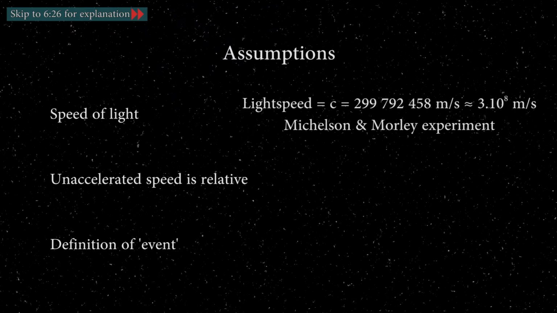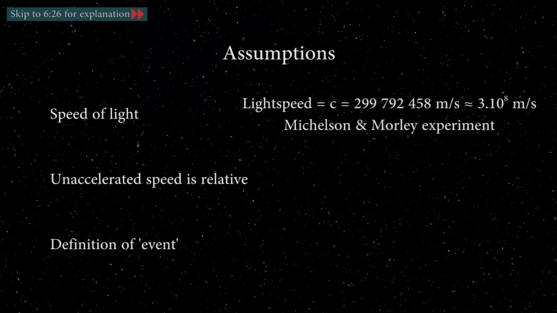This means that any observer in the universe measuring the speed of any light particle elsewhere in the universe will always measure a speed of c, which is 299,792,458 meters per second. Rounded off yields 3 times 10 to the 8th meters per second.